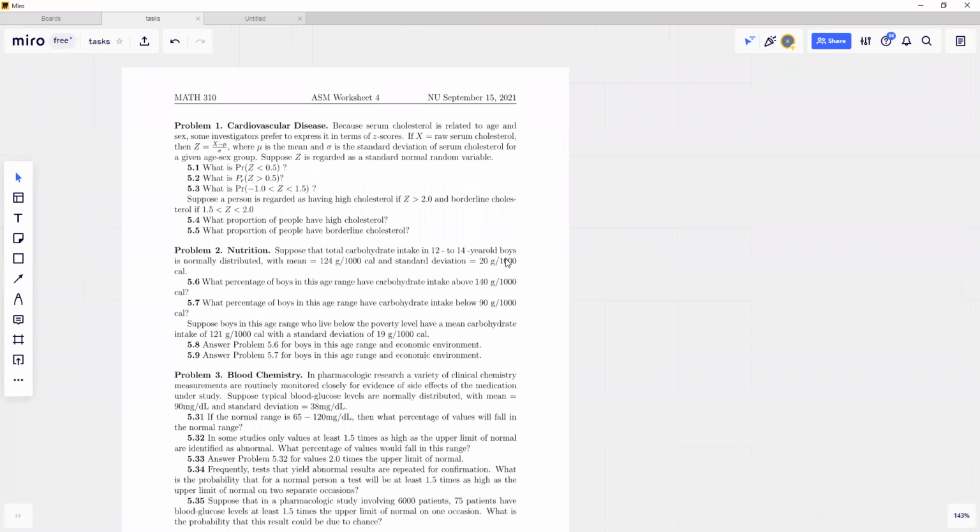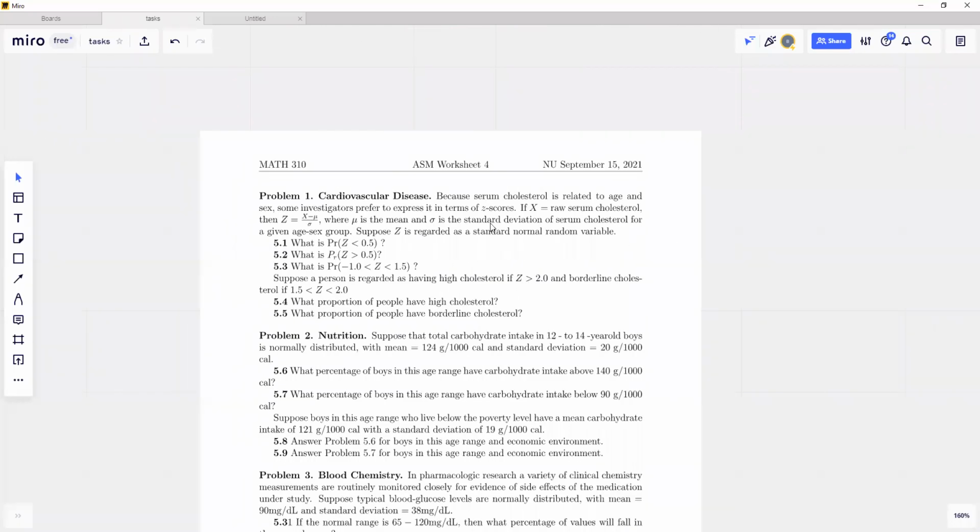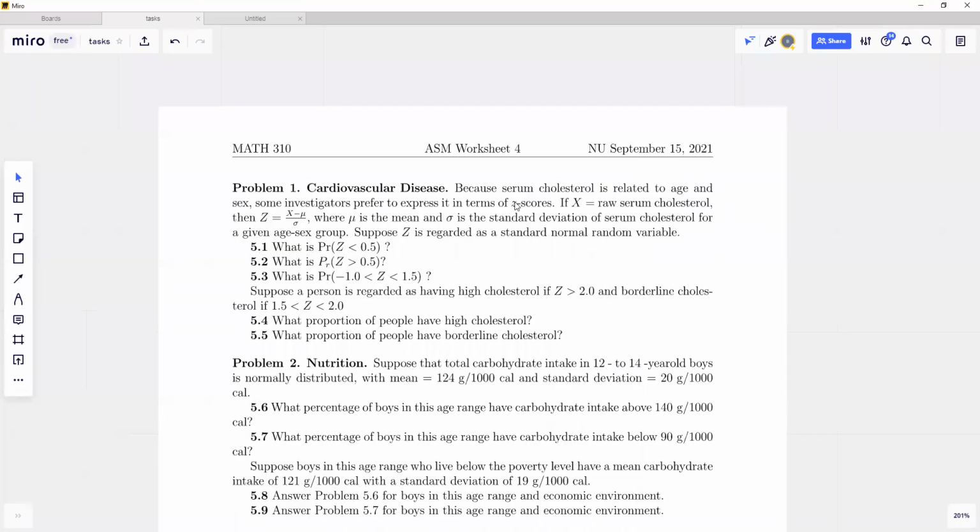Now, our next worksheet. Today we'll start looking at normal distribution. So problem number 1, because serum cholesterol is related to age and sex, some investigators prefer to express it in terms of z-scores.